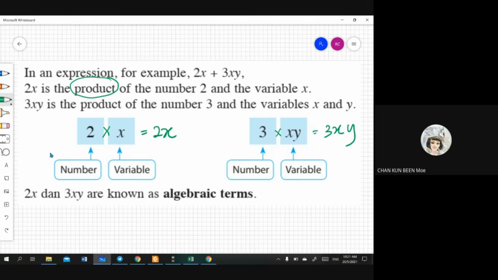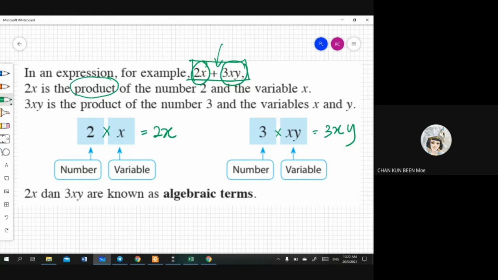So 2x and 3xy, these two terms are known as algebraic terms. If you look at the algebraic expression, you already can identify two terms from there. The first term is 2x. The second term is 3xy.